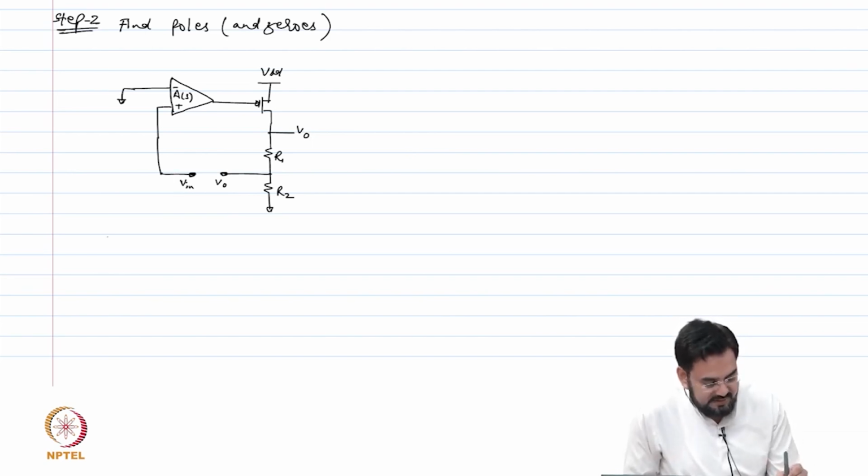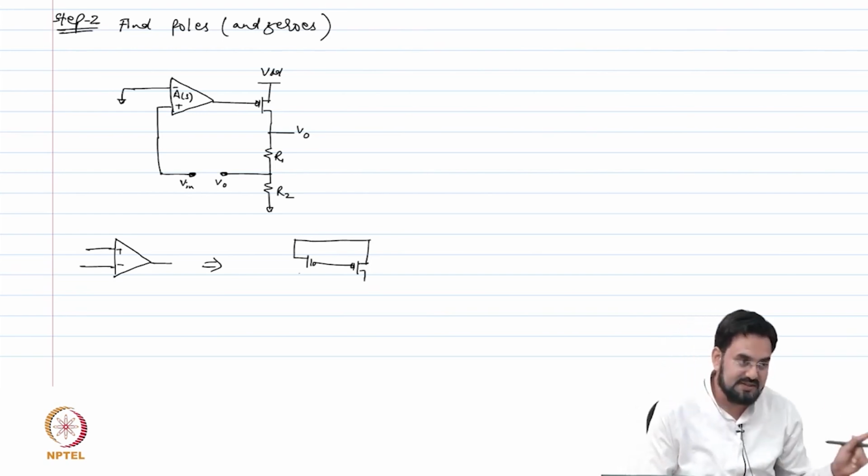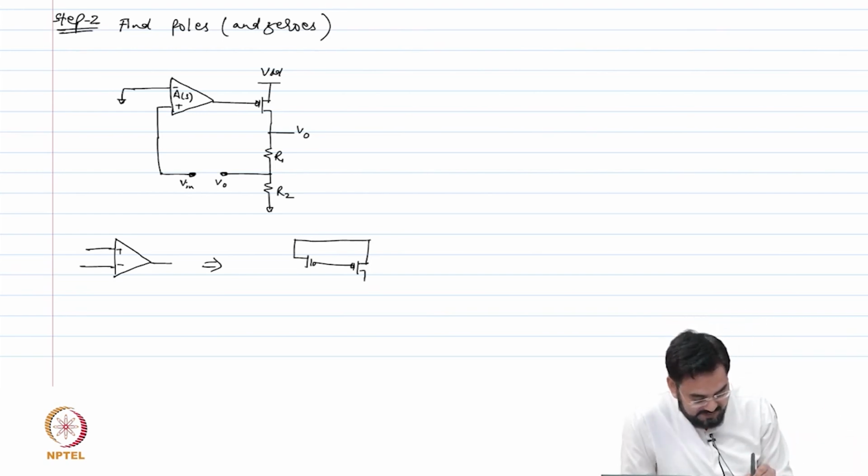So, what is inside AS? I am just drawing a single stage to simplify, though it could be a 2 stage also.